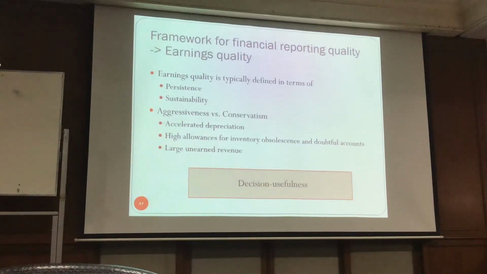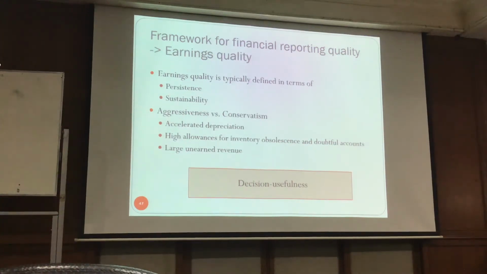Aggressive is like you need high earnings. This means you're going to generate higher revenue, more than it should be, higher than the expectation, right? Higher revenue creates higher net income. Very aggressive. On the other hand, very conservative: when things happen, I always cut an expense all the time.